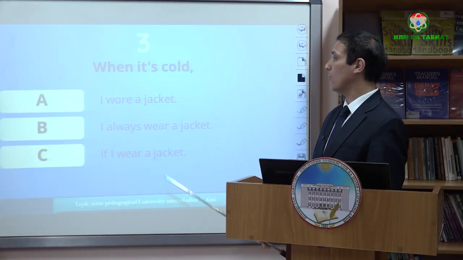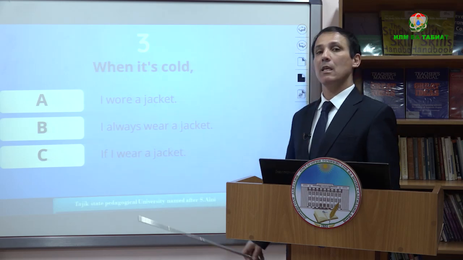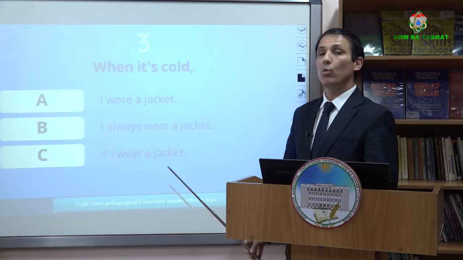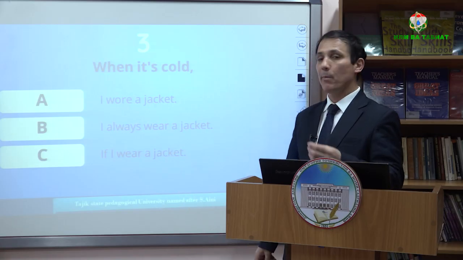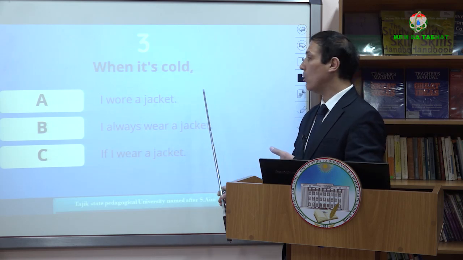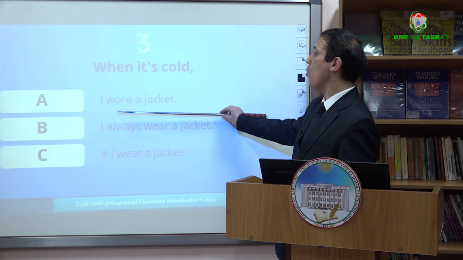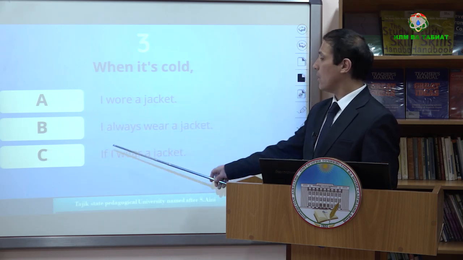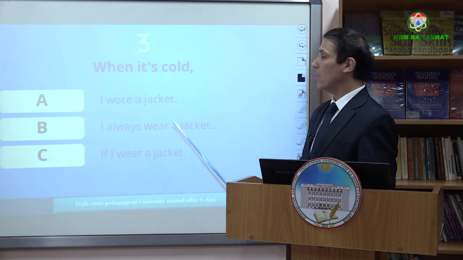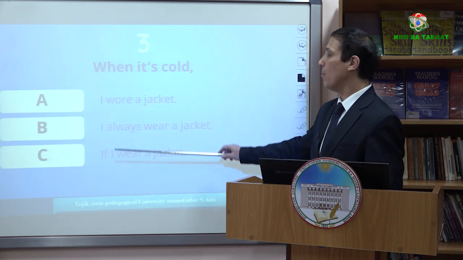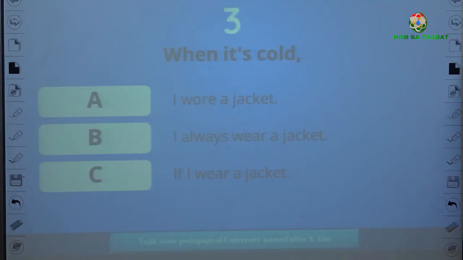Next example tells also about the usage of zero conditional in this sentence, when it is cold, what will be, or what situation will be. Here it says: I wore a jacket, I always wear a jacket, if I wear a jacket. These are mixed grammar mistakes, wrong sentences, but among these sentences one sentence is correct by grammar.